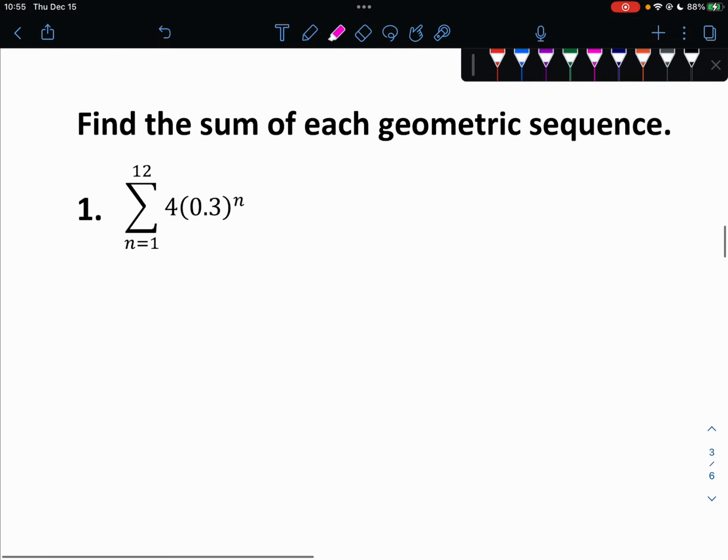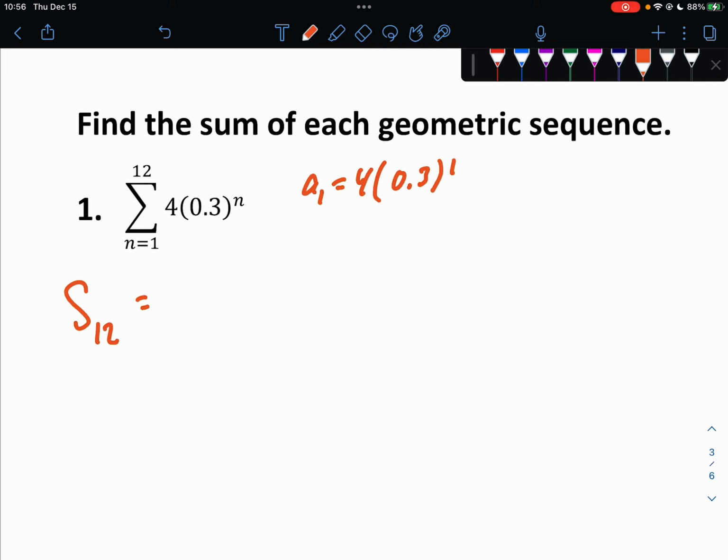So here we have a finite geometric series. I know it's geometric by how it looks here, and I know it's finite because it actually stops at a number. So we're going to apply that formula, S sub 12, because there's 12 terms here, of A1, so we've got to figure out what A1 is. If we were to put 1 into n, it would be 4 times 0.3 to the first, or just 4 times 0.3.